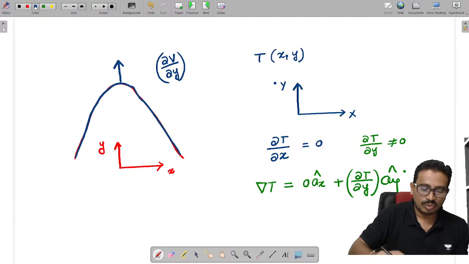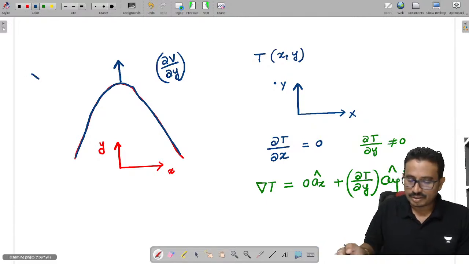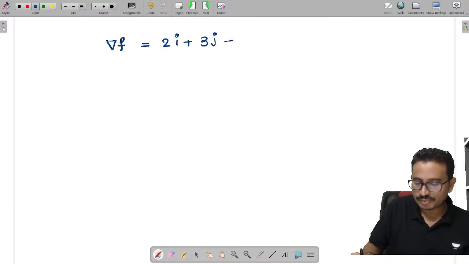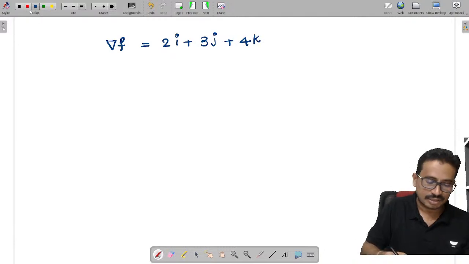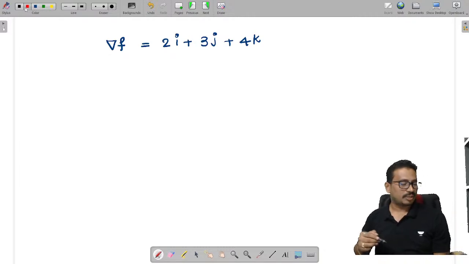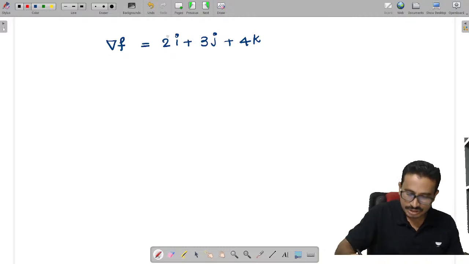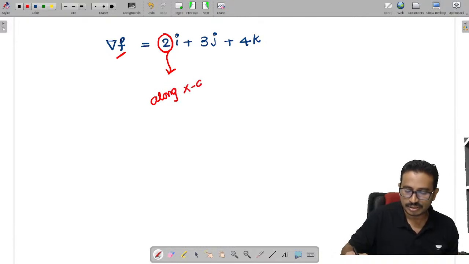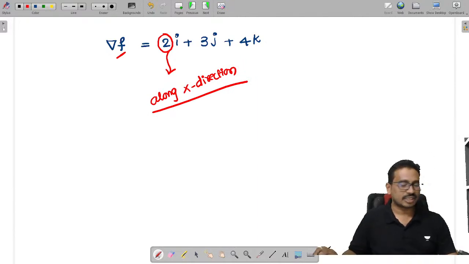Similarly, if I call the gradient of some function del f equal to 2 i cap plus 3 j cap plus 4 k cap, chosen randomly, what is the meaning of this? The magnitude of change of the function f along the x direction is 2.